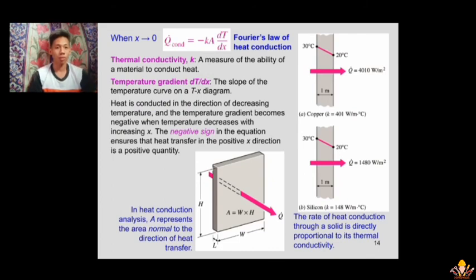We have Fourier's law of heat conduction, and thermal conductivity k is a measure of the ability of a material to conduct heat. Temperature gradient dT over dx is the slope of the temperature curve on a T-x diagram. The negative sign in the equation ensures that heat transfer in the positive x direction is a positive quantity.